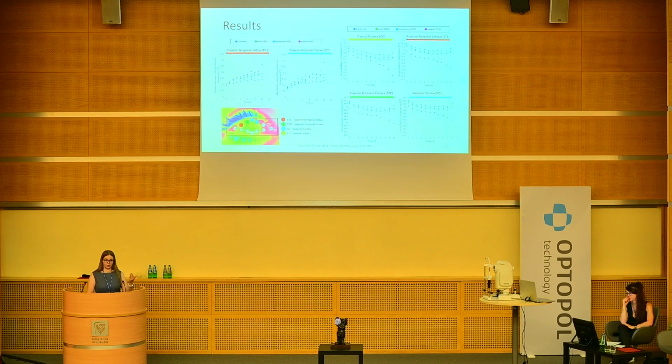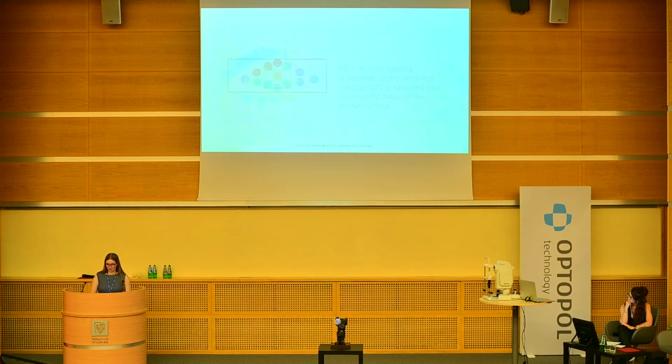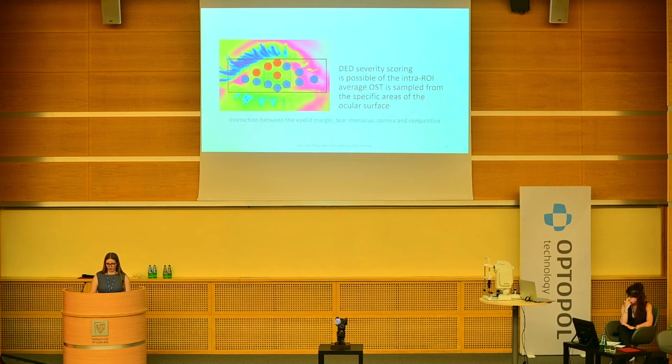We see it on the ocular surface. But the moderate, mild cases are pretty tricky. So this method showed that we can use the thermal camera to assess the differences between control and mild cases. But it worked just for the particular areas of the ocular surface.